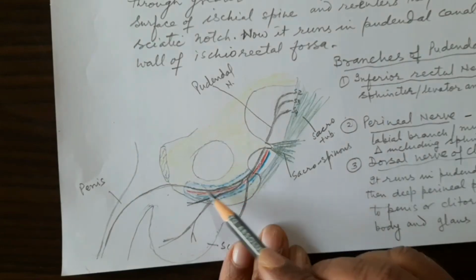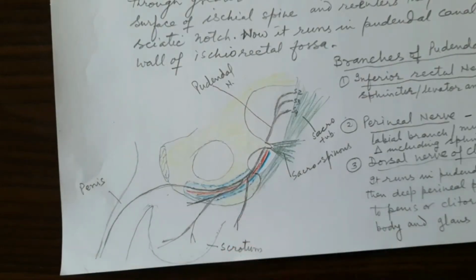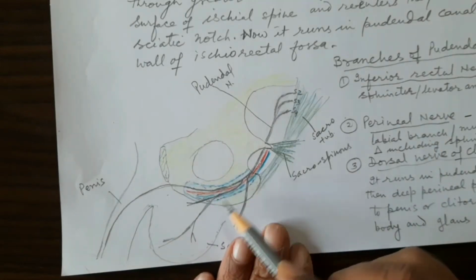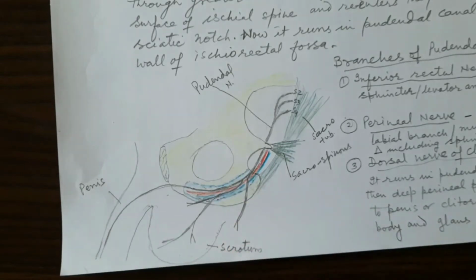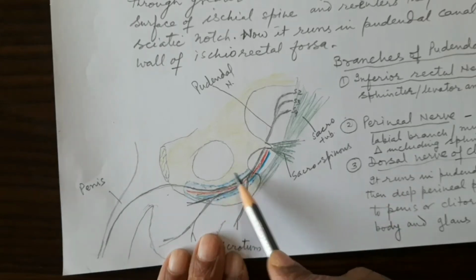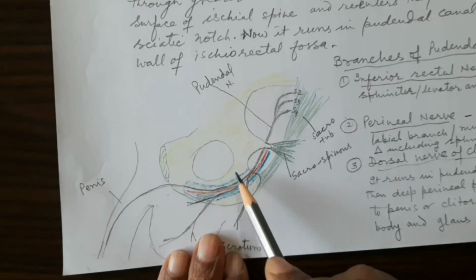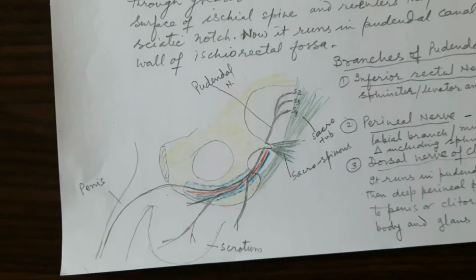So this is a fascial tunnel in the lateral wall of the ischiorectal fossa. This is the pudendal canal, and the nerve runs in it. As I said, it is present in the lateral wall of the ischiorectal fossa. This is the site of the ischiorectal fossa here.